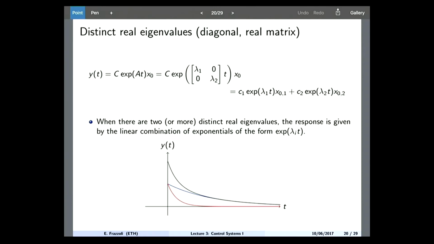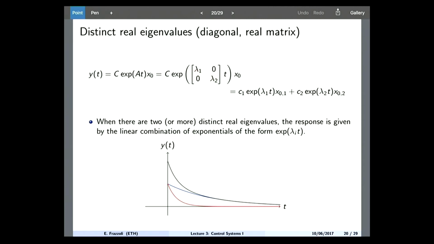Okay, so what is the simple case? The simple case is one in which the matrix A can be written as a diagonal matrix, okay? And the entries on this diagonal are real numbers, and they're distinct, or they can actually be equal, but as long as you can diagonalize this matrix, okay?